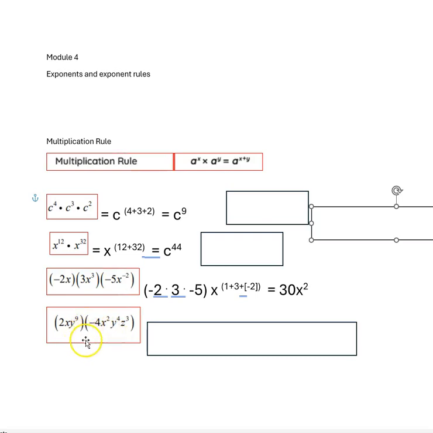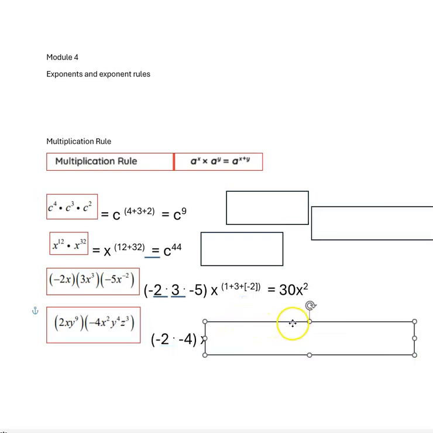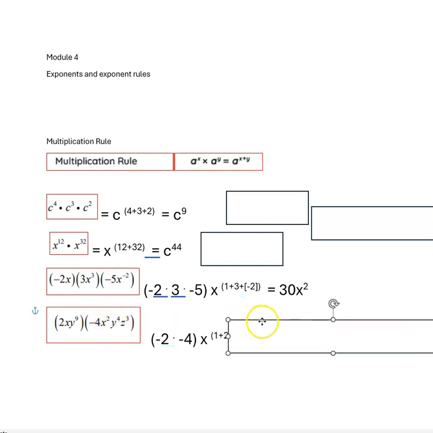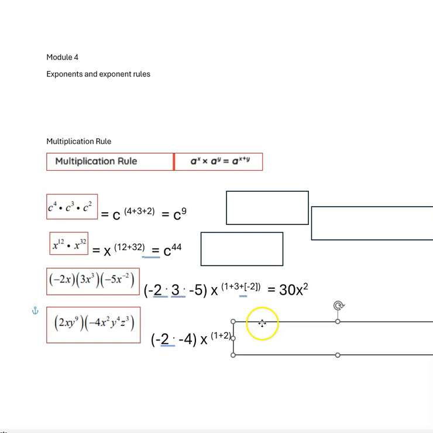Okay, down to this one, when we have more than one variable, we just need to do the rule for each of those variables and the coefficient. So when I have 2 times -4, I do that first. Then I combine the x's. Notice I've got 1 here and 2 here. So I get x to the 1 plus 2. The y's, I have 9 and I have 4.